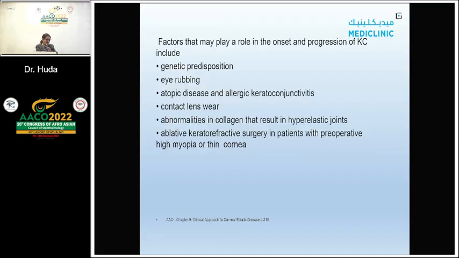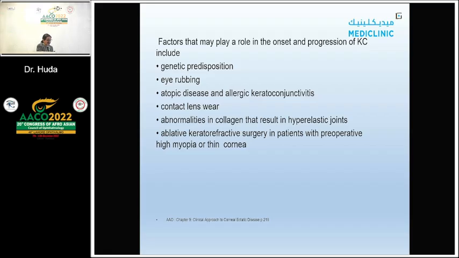Factors that may play a role in the progression of keratoconus: genetic, it's more common in males. I don't know why. It's caused, as they say, by iron, but a recent study also says iron is not a factor in the pathology of keratoconus. We need to look into that.